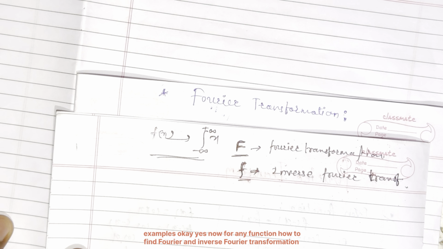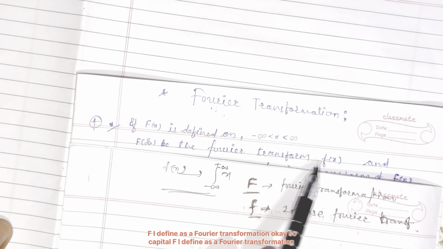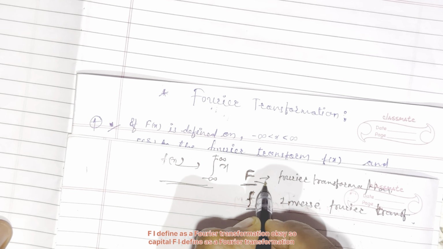Now, for any function, how to find the Fourier and inverse Fourier transformation, we are going to understand some important results. Capital F is defined as the Fourier transformation on a variable s, and the small f, the inverse Fourier transformation, is defined on x.